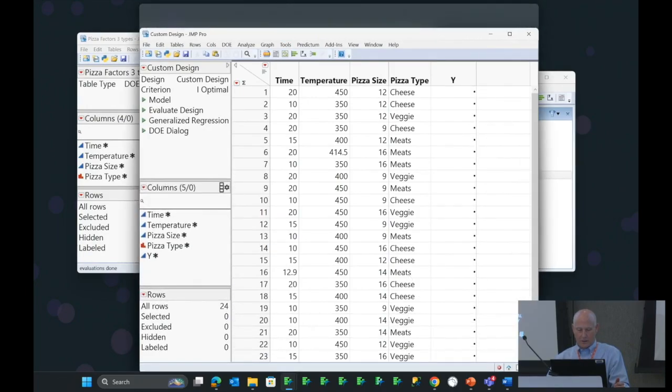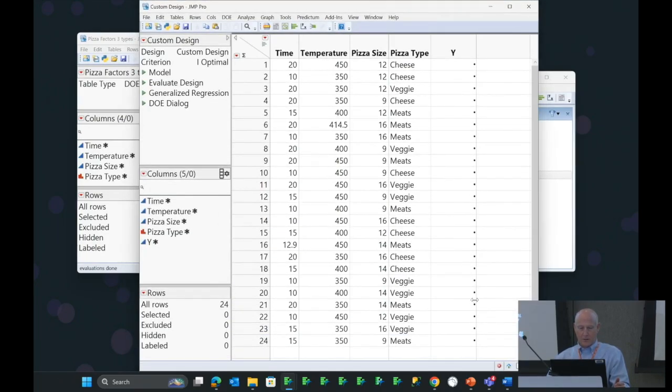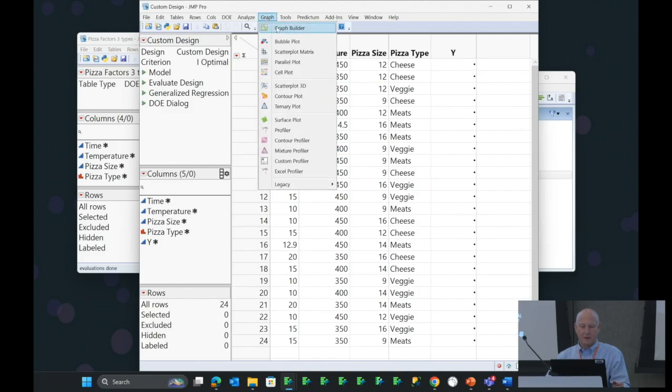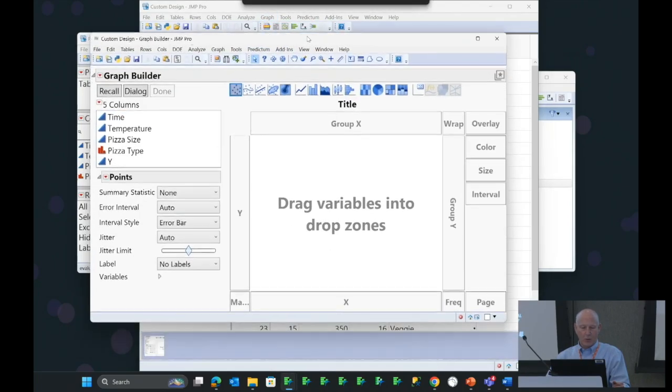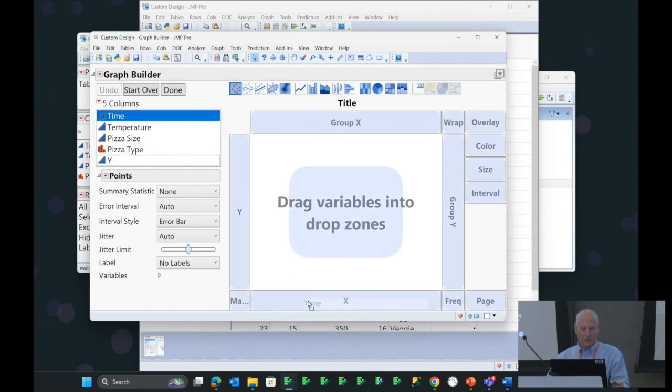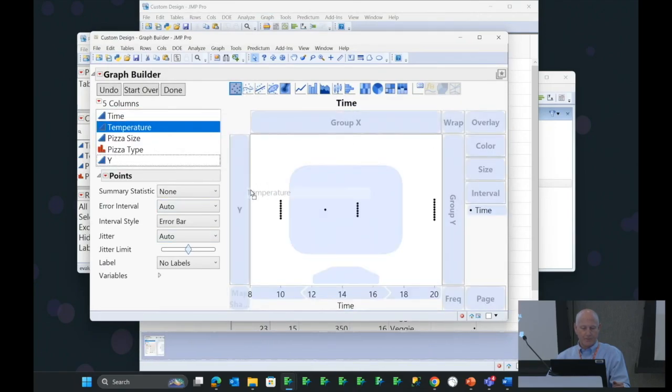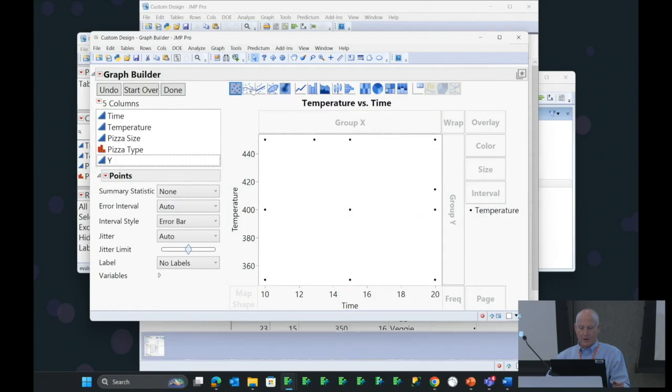Okay, so now if I were to make a graph of these points with time and temperature, here's where, when I highlight the points in the lower left corner, you'll see it says 3 rows are selected. So it's a little information there in this graph.